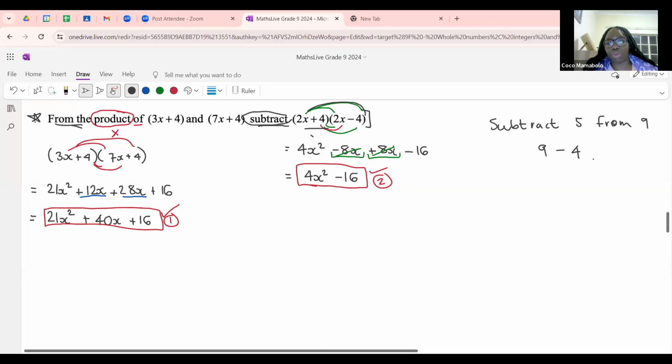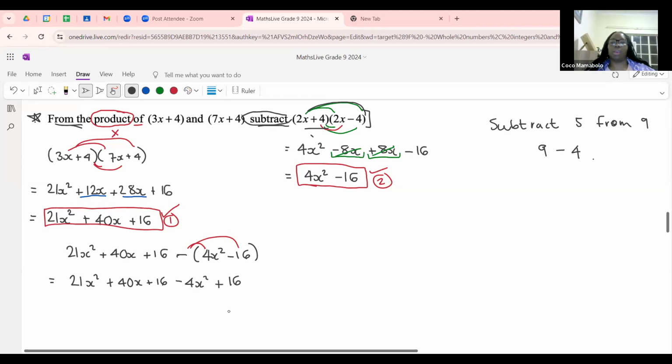So we're going to have 21x squared plus 40x plus 16 minus, and I'm going to keep this in brackets, 4x squared minus 16. The reason I want to keep it in brackets is because I then have to distribute that minus in. Okay, so I'm then going to get 21x squared plus 40x plus 16, and if I multiply that negative in, I'm going to get minus 4x squared plus 16. And that's the answer we would get there.